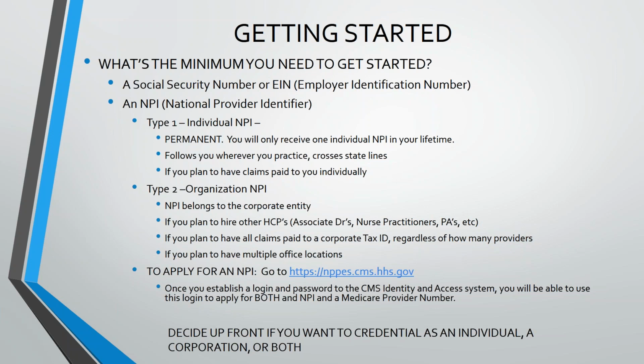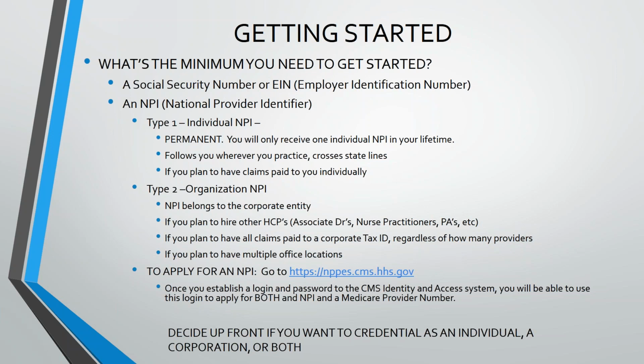You would want to apply for an EIN versus billing under your social security number, and it's really for your own protection, because your social security number then shows up on claim forms and other places where you really don't need to be disclosing that. So I would recommend that you apply for an employer identification number through the IRS if you don't already have one for yourself or for your organization.